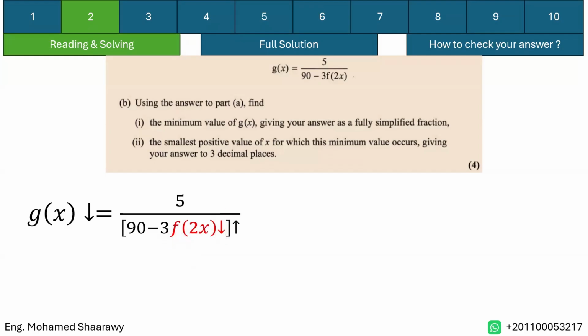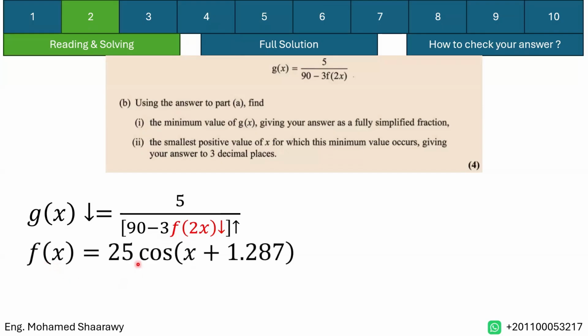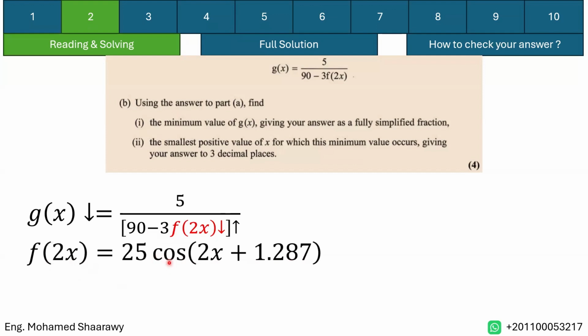So in order to make f of 2x as minimum as possible, let's first check what f of 2x is. I know that f of x is 25 cosine something. So f of 2x is 25 cosine 2x plus alpha. Now I need to get the minimum value of f of 2x. So 25 is a constant, I cannot change it. Also 1.287 is a constant, I cannot change it. This cosine, I can change it. Cosine extreme values are -1 or 1, and it takes values in between, including 0.